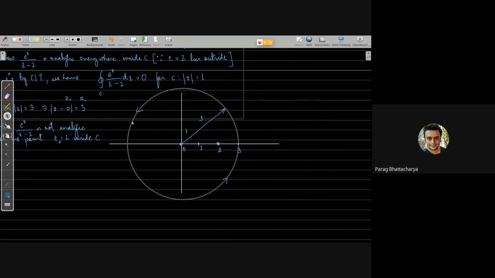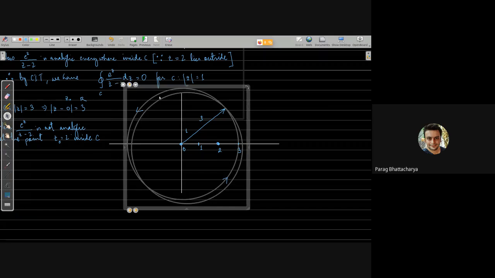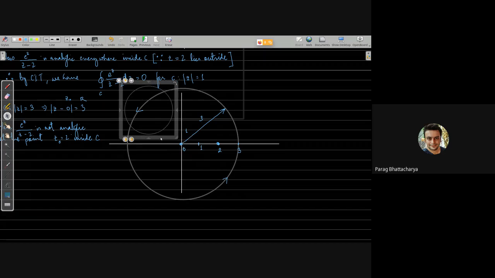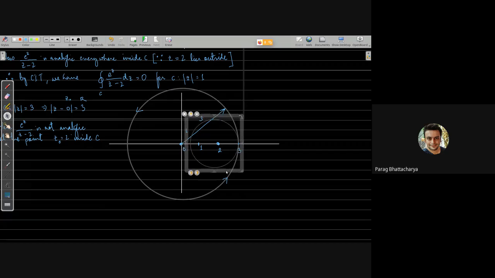Take this same path as before and deform it. We keep on changing the shape of this until we get a smaller circle which is centered at 2.